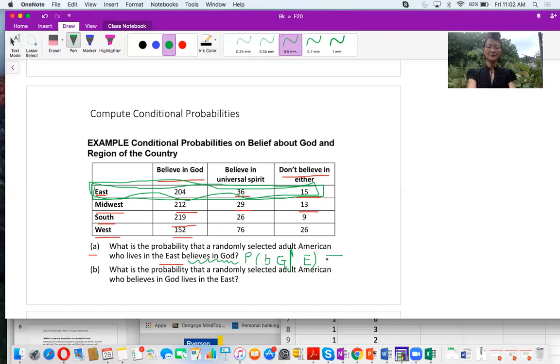When you look at people in the East, the question asks, what is the probability of believing in God? 204 believe in God. And then, how many total people are in the East? 204 plus 36 plus 15.